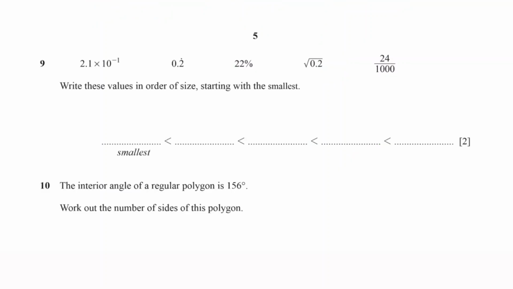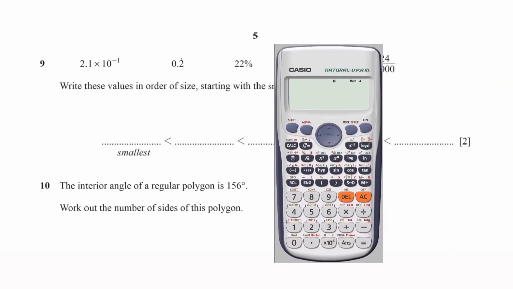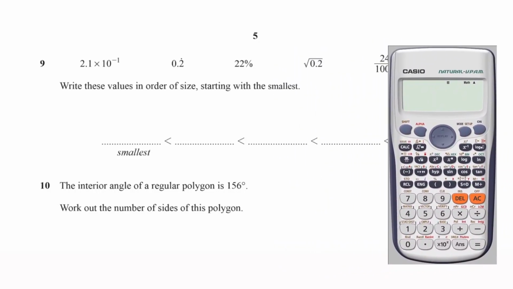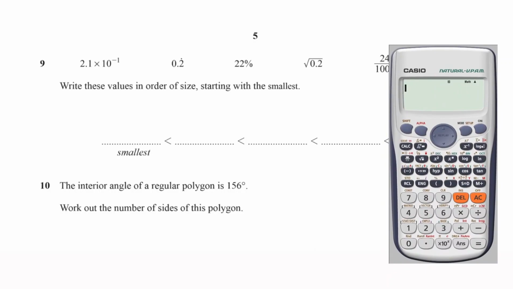Question number 9. Write these values in order of size starting with the smallest. So we can take out a calculator to solve this easily. Just type the value here, that is 2.1 into 10 raised to power minus 1. We will make it into decimal, that is 0.21, right?